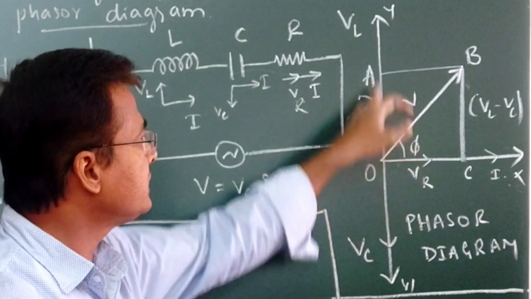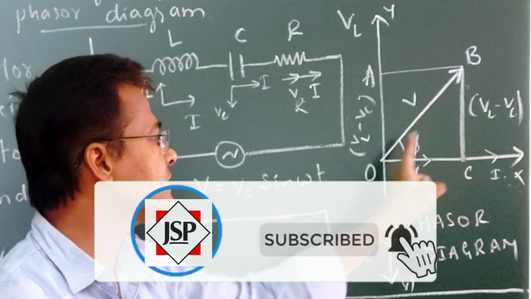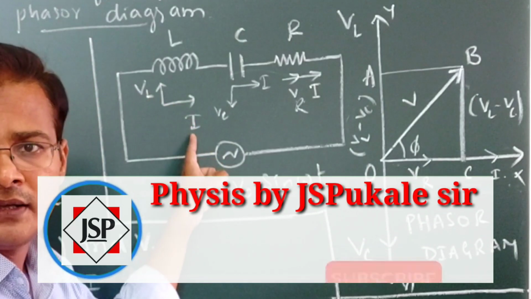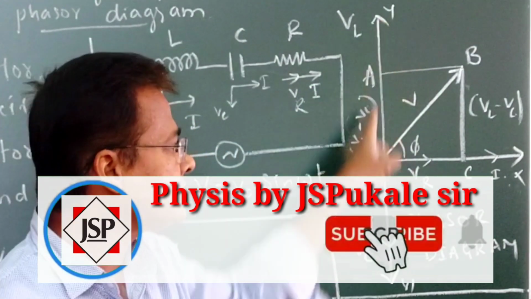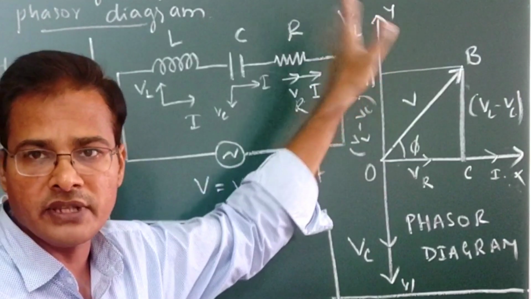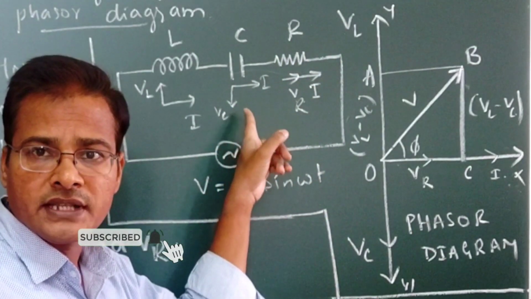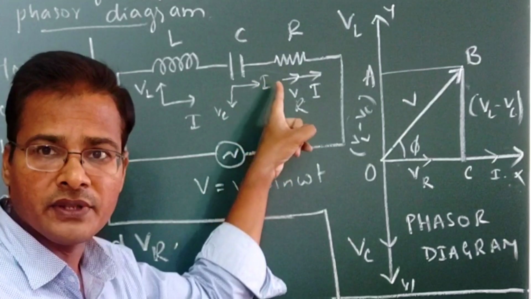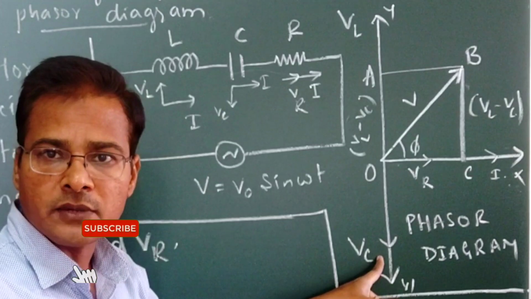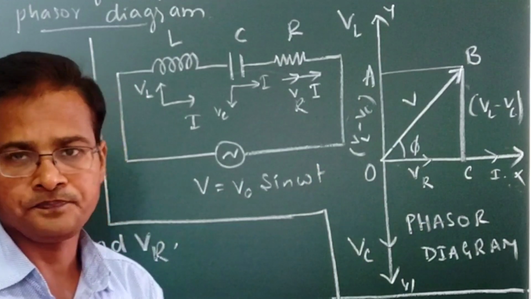Now this is the potential across the inductor and the current. The phase angle is pi by 2, the voltage leads the current. So this is along the y axis, it is VL. In the capacitor, the potential lags behind the current by pi by 2.